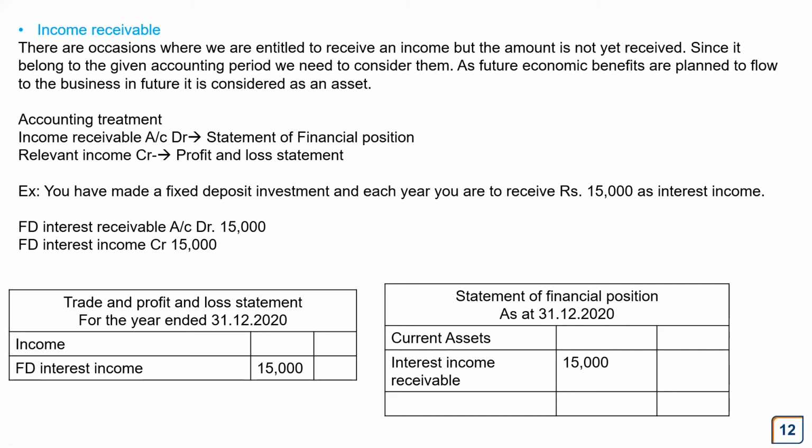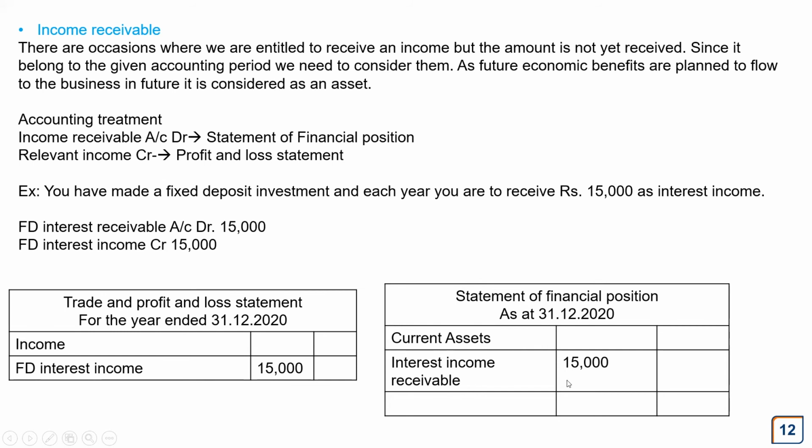Now imagine you made a fixed deposit and you have to receive 15,000 as interest income by the end of this year, right? You have to receive it, but you have not yet received it. But because you are entitled to receive it, you will record this income during the year. So under the income, you will write FD interest income 15,000, and in the statement of financial position, as I said, this is an asset.